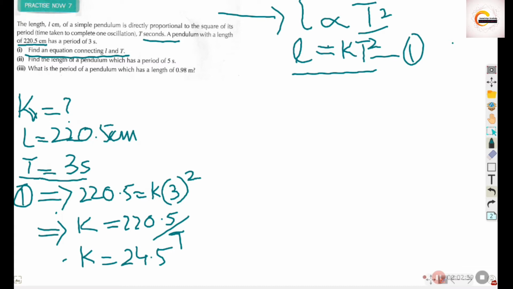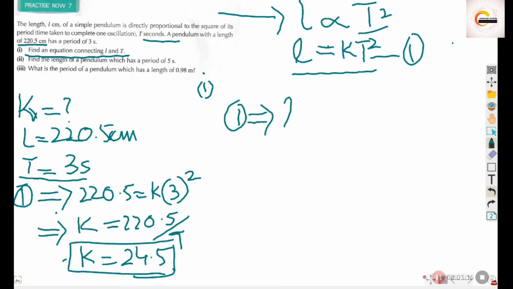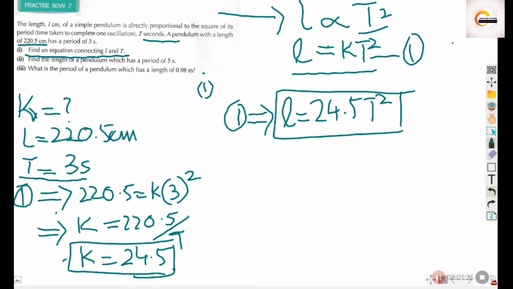This is the value of K. Let's put this value of K in our equation. Now L is equals to 24.5 T whole square. This is our required equation for part 1.